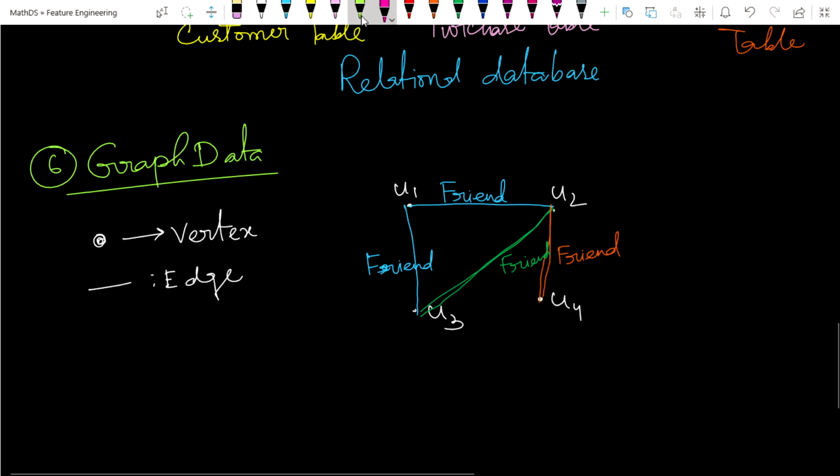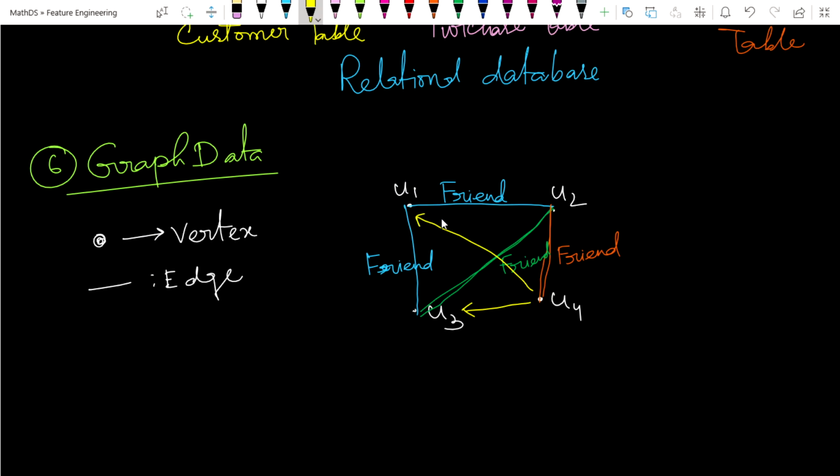Just see it, u4 is a friend of u2, and u2 is a friend of u1 and u3, and u1 and u3 are also friends. So since u4 is a friend of u2 and u2 is a friend of u3, there may be a chance that u4 is a friend of u3, and likewise for u1, they may be mutual friends.